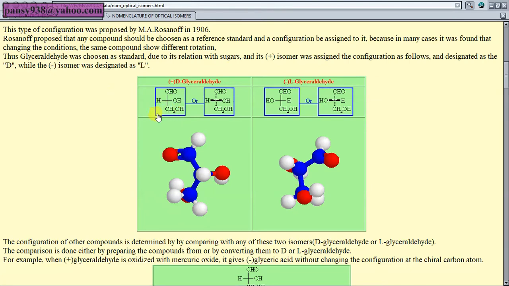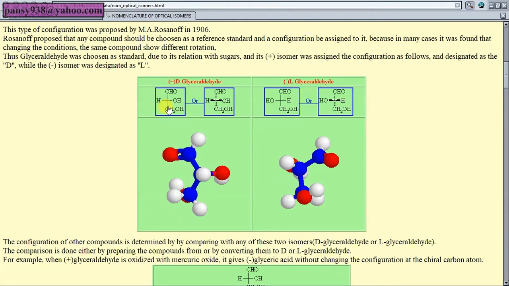Remember that in the 2D diagram of the Fisher type, if the hydroxyl group in the carbohydrate series is written on the right side, it means that it is D series compound, and most frequently this carbon, which is a chiral carbon, in higher carbohydrates it is taken as the last one, last chiral carbon, which is farthest from the functional group.